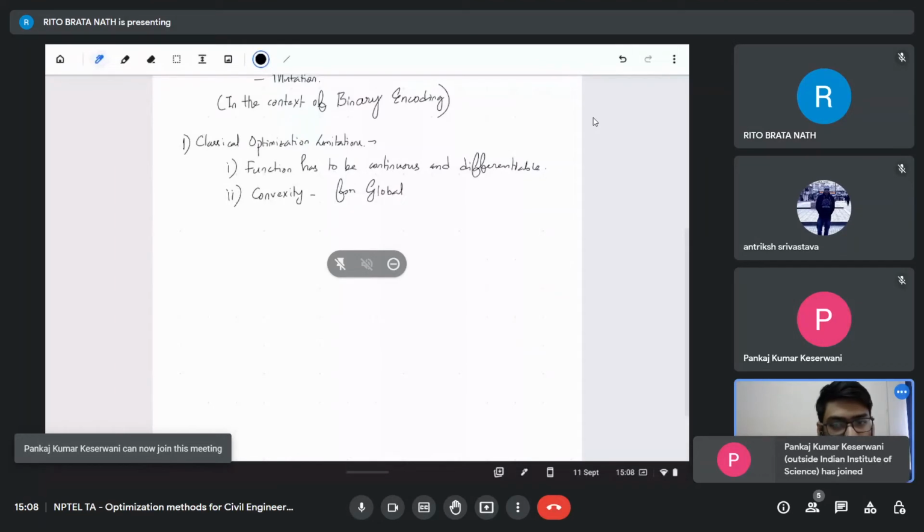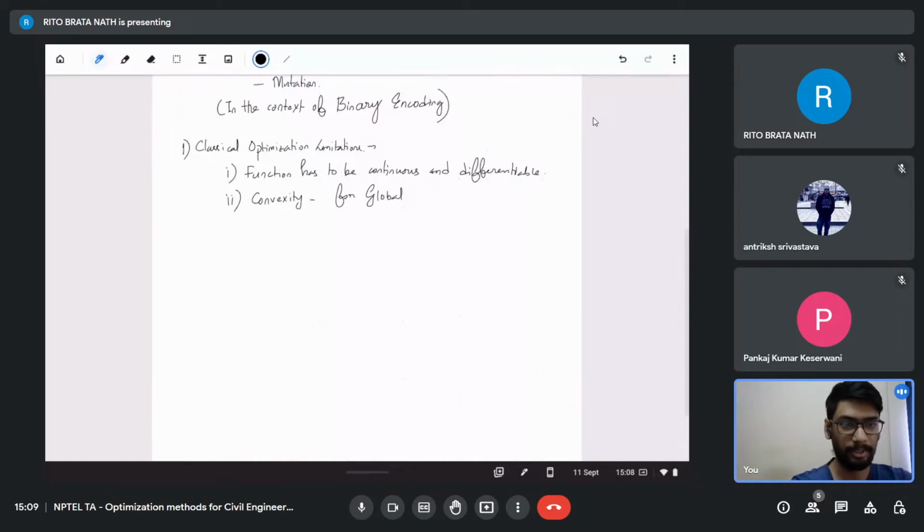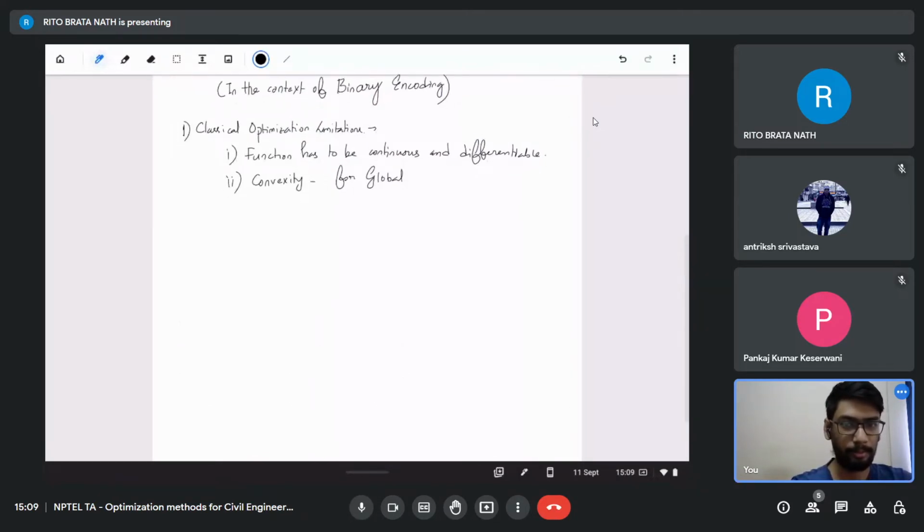Okay. Yeah, hi Pankaj. So I was discussing some of the limitations of classical optimization techniques, and we'll get started with the meta-heuristic optimization and genetic algorithm in detail soon. As I mentioned, classical optimization problems have these limitations: the function has to be continuous and differentiable.